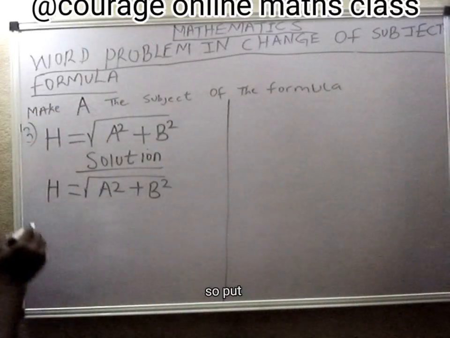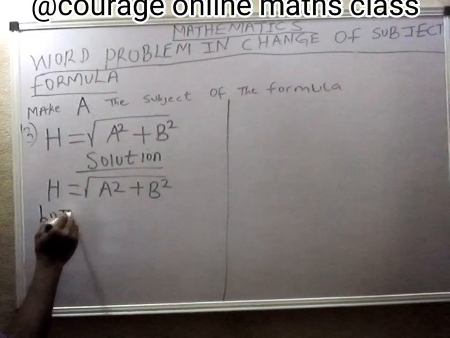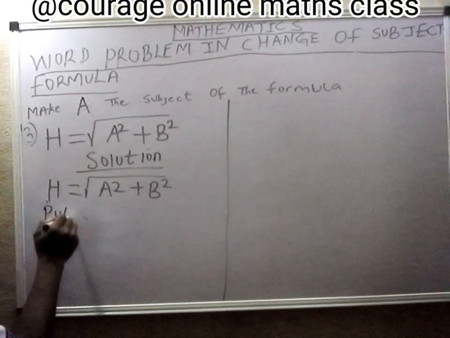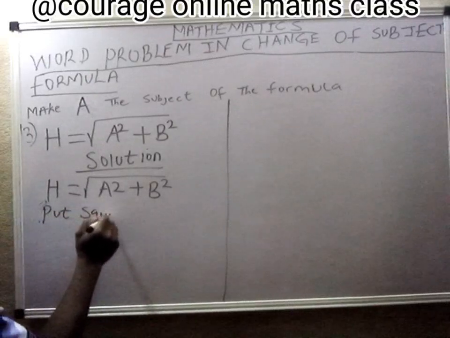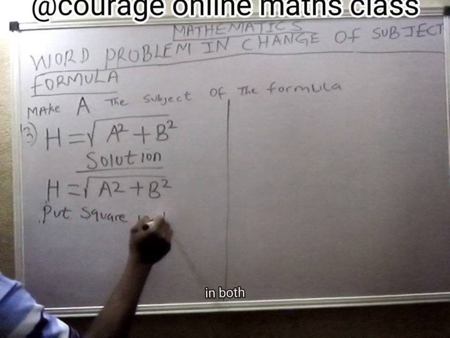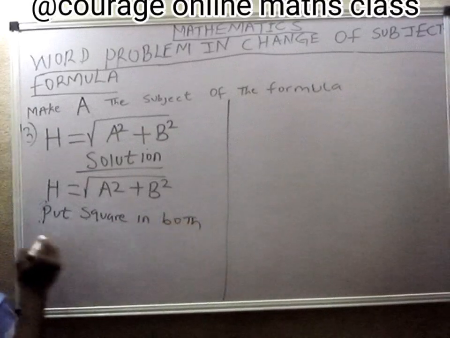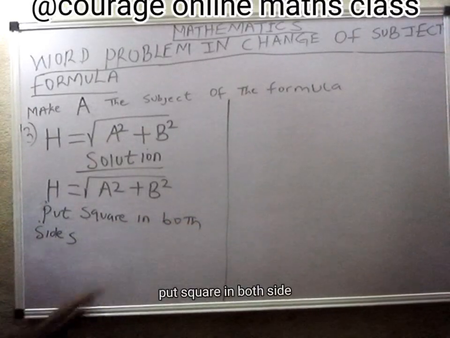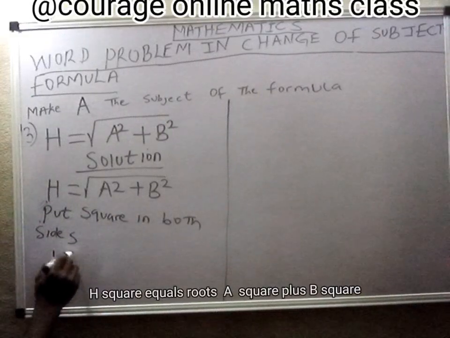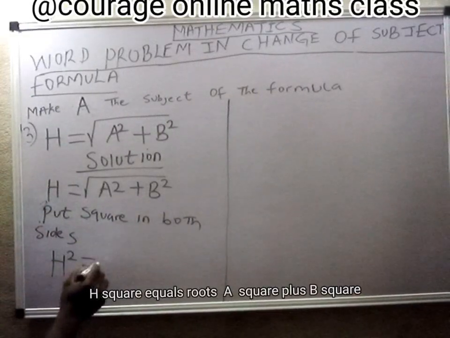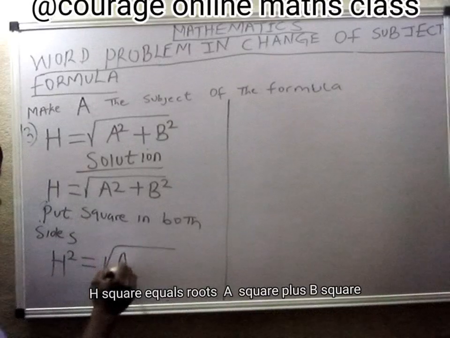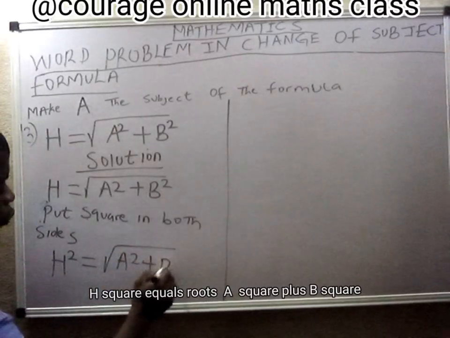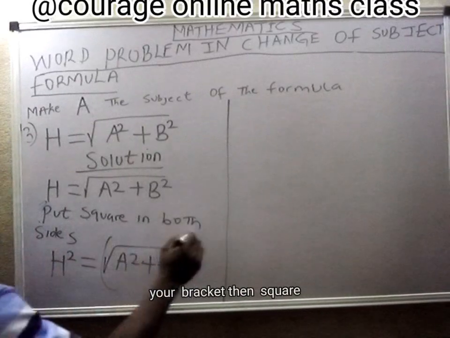So put square in both sides. H square equals root a square plus b square, the bracket, square.